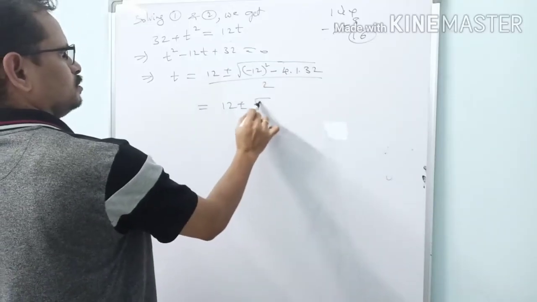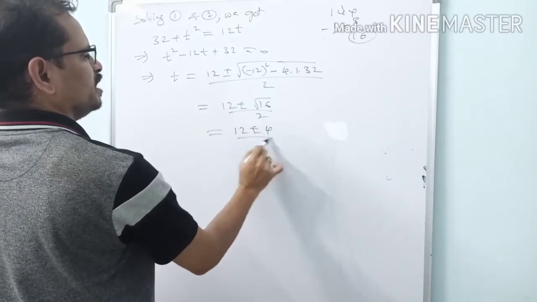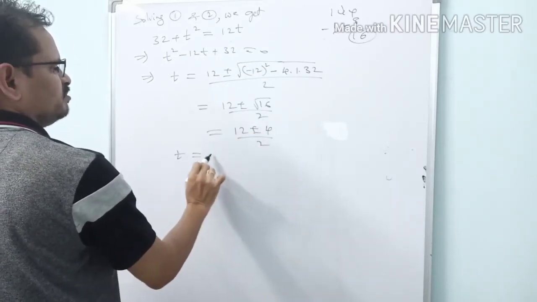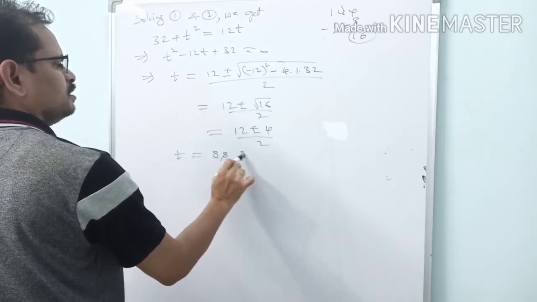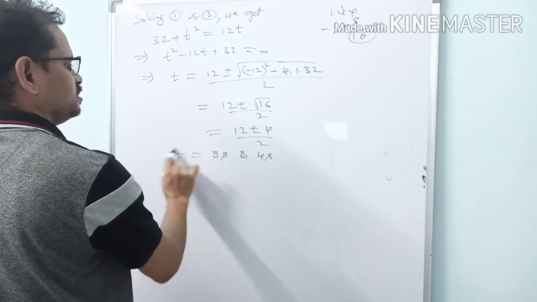Root 16 whole by 2, this is equal to 12 plus or minus 4 by 2. So t equal to how much? 12 plus 4, 16 by 2, that is 8 seconds, or 12 minus 4, that is 8 by 2, that is equal to 4 seconds.